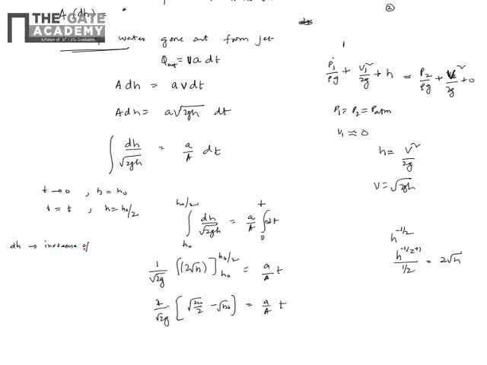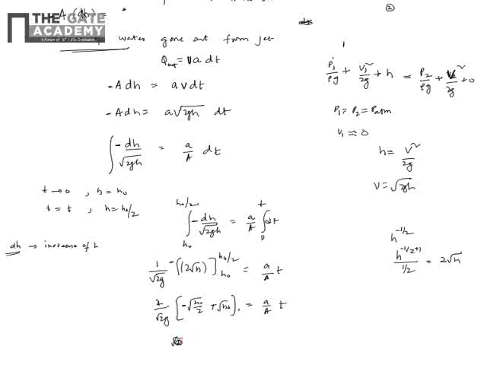So I need to apply a minus here, because dh is negative and the minus will make it positive. So the minus will come here. This will be root 2g.